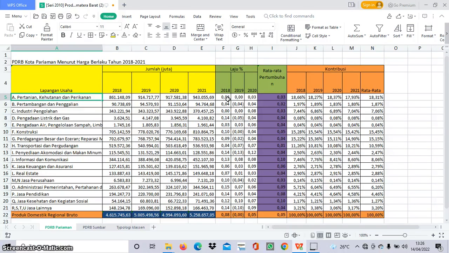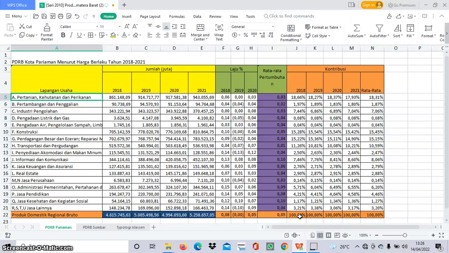After that, the average growth rate from 2018 to 2020 is calculated using the average formula. After that, we calculate the contribution. The final result of the contribution is always 100%.